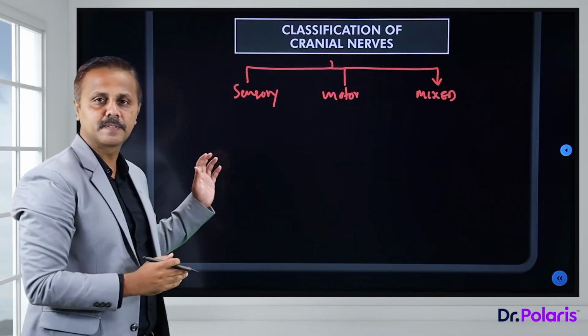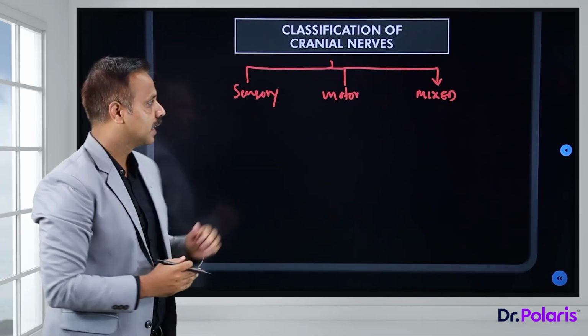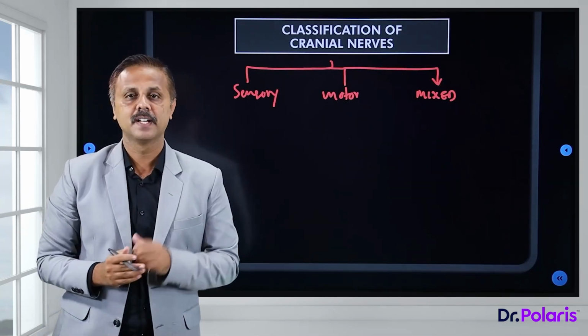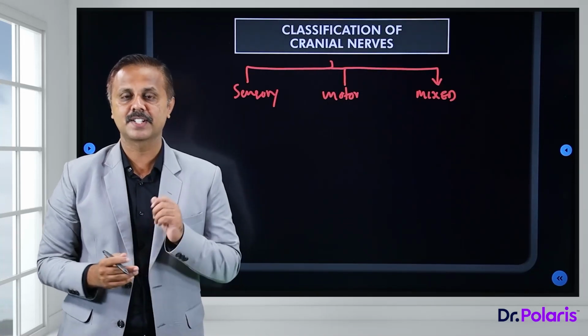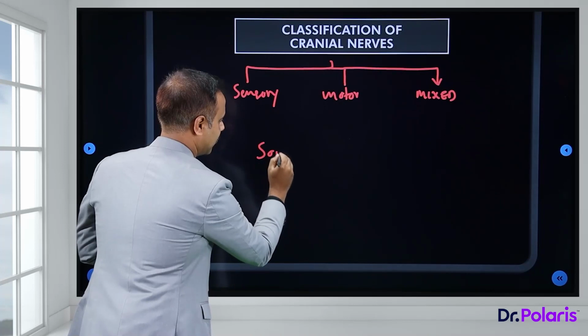Now, 1 to 12 cranial nerves, how exactly are they grouped into these nerves? Now, to remember this, we have an easy mnemonic. Let's try to write it down. Okay? Now, this mnemonic goes like this.